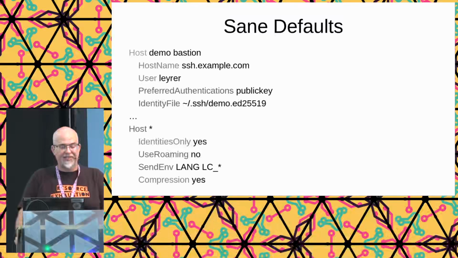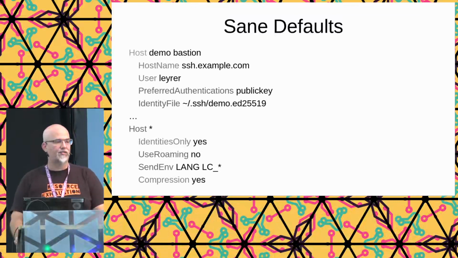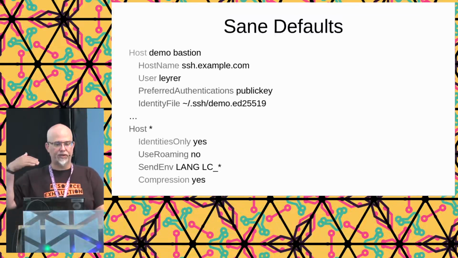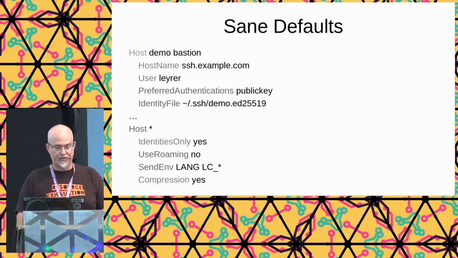And IdentitiesOnly is also a nice thing, because otherwise SSH will just try every identity file it finds to connect to that server, and you will get errors. With IdentitiesOnly, it will only use the identity files specified in the host entry to connect to that thing. I do have to speed up a little bit.